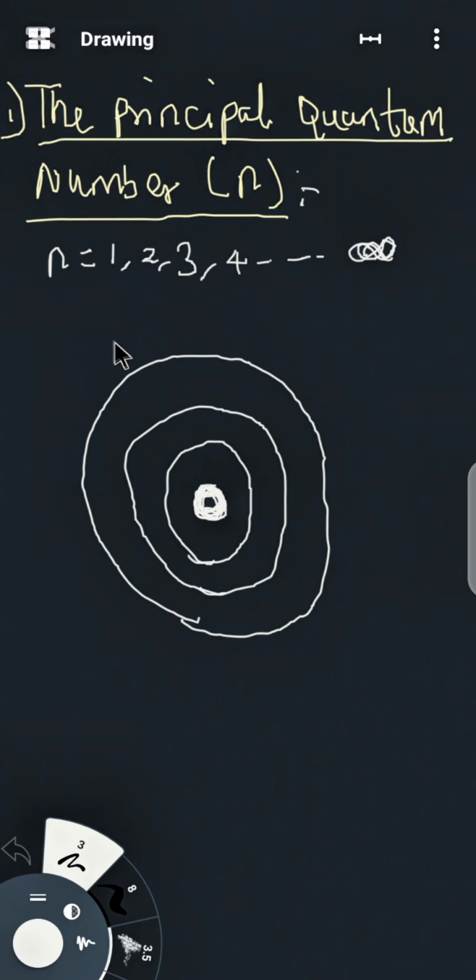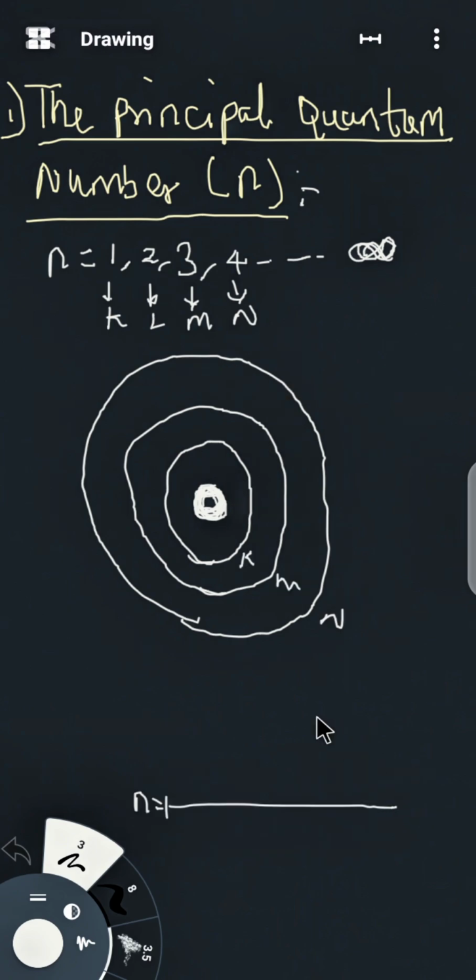Now, it's also been noted that each of these numbers has a corresponding alphabet attached to it. The first shell is called the K shell, the second shell is called the L shell, the third shell is called the M shell, the fourth shell is called the N shell, and so on. So the principal quantum number arranges the electrons in shells, and each shell has a given number of electrons that it is permitted to handle.